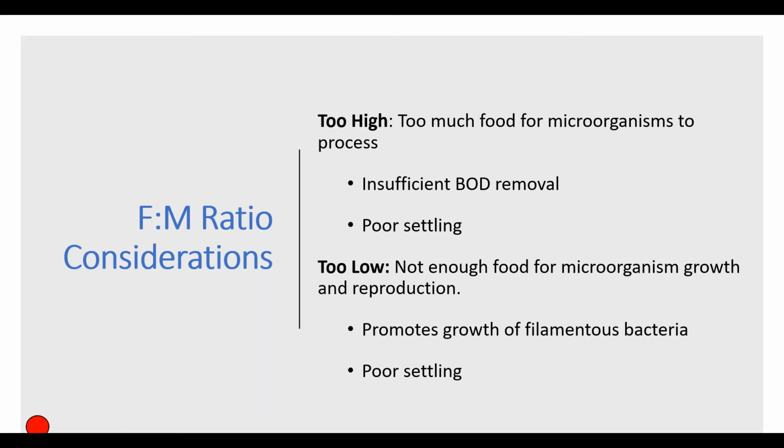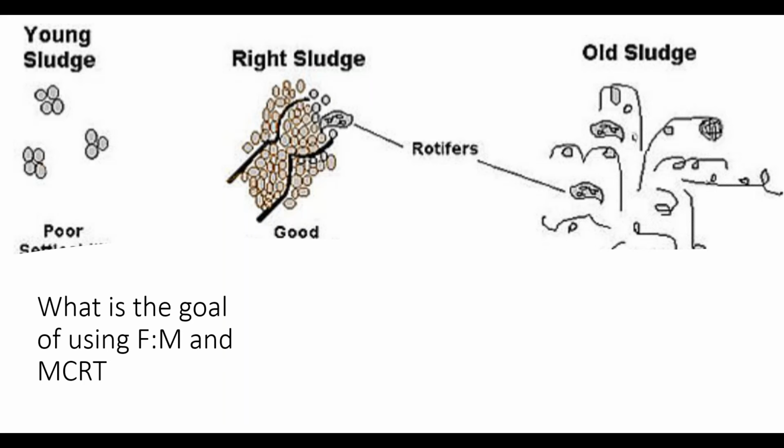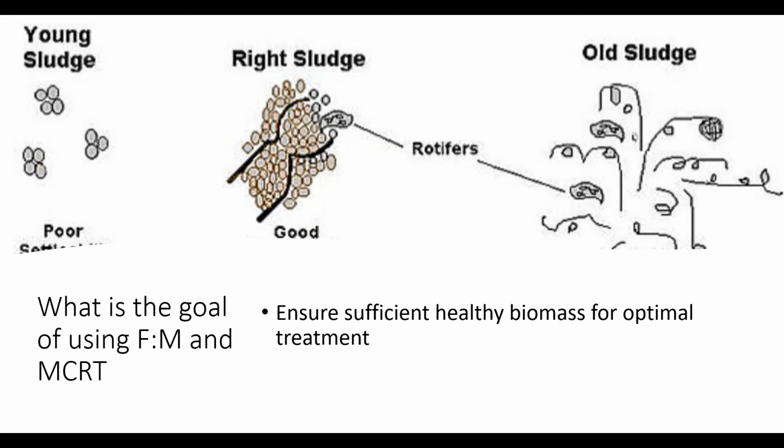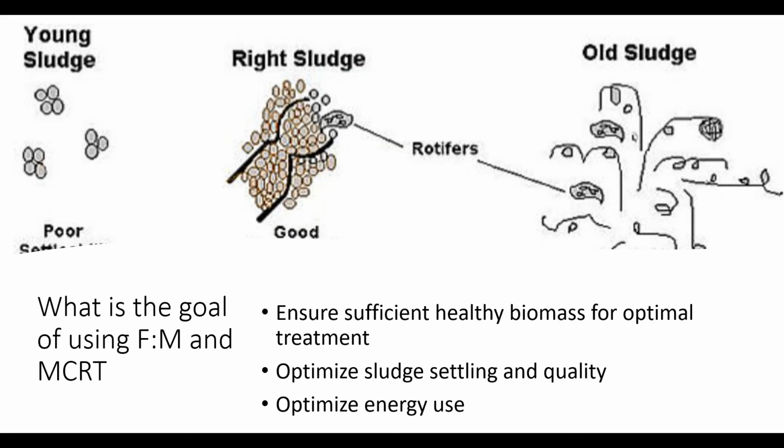And I want you to see a chart here in a second that shows settling characteristics compared to the FM ratio. But basically, what are we trying to do with FM ratio and MCRT as well? We're trying to optimize how well the biomass is removing waste, but also keeping that biomass healthy, helping it to settle well, and also optimize energy use.